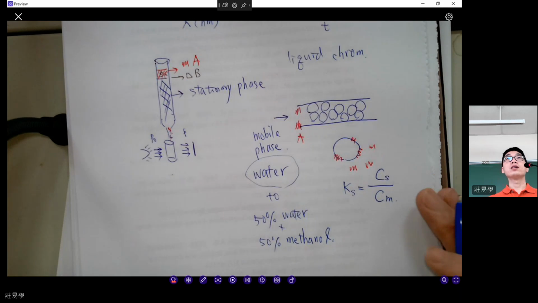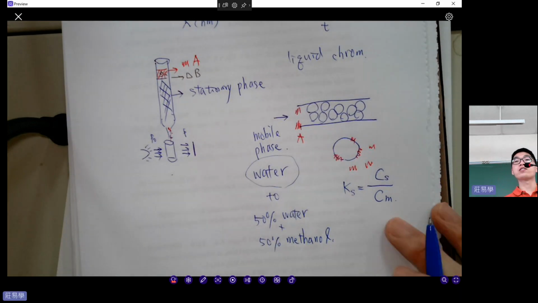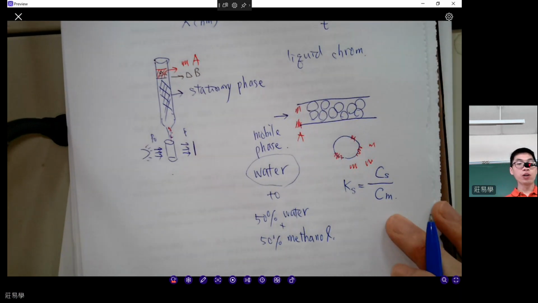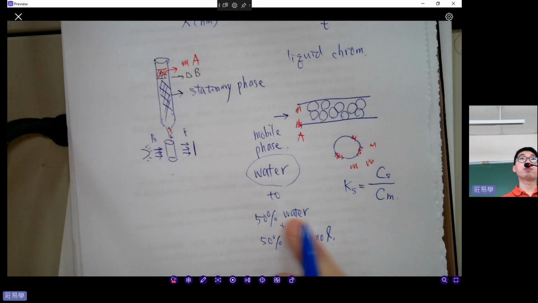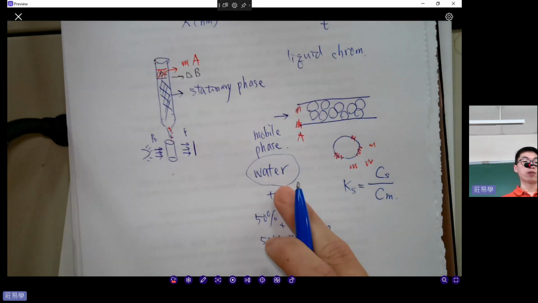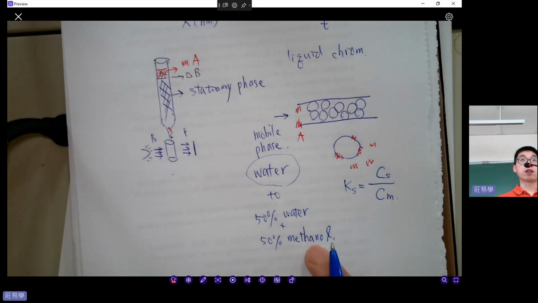So what's the relevance here? If you look at this example, in case A, we use water as the mobile phase, versus case B, where we use 50% water and methanol as the mobile phase.